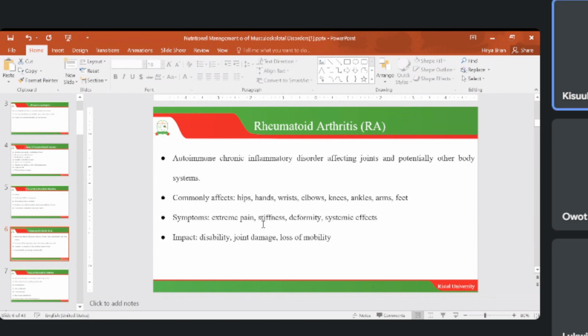So, looking at rheumatoid arthritis, or what we can abbreviate as RA, this is an autoimmune chronic inflammatory disorder that affects the joints and potentially the body systems. When we talk of an autoimmune response, you remember we said that autoimmunity means that the body is failing to recognize one of its parts as its own.